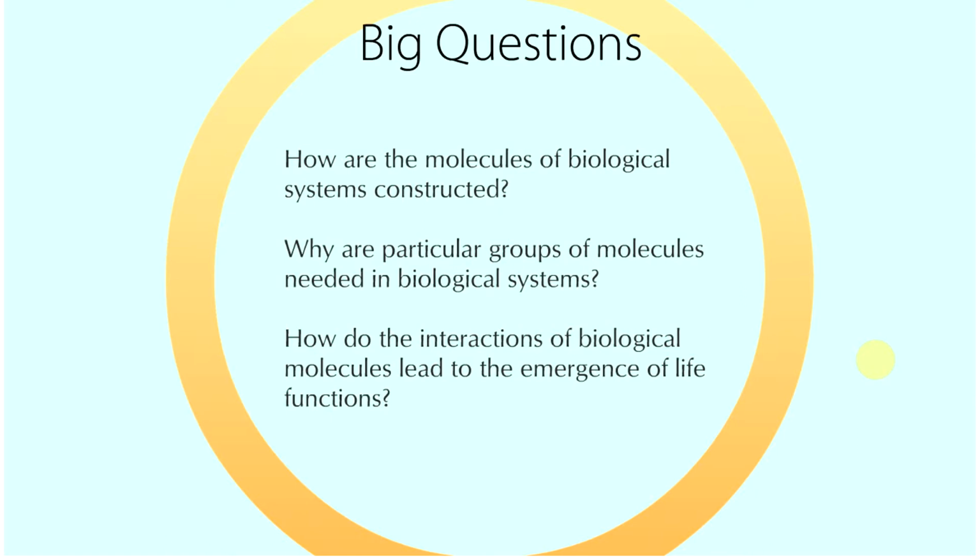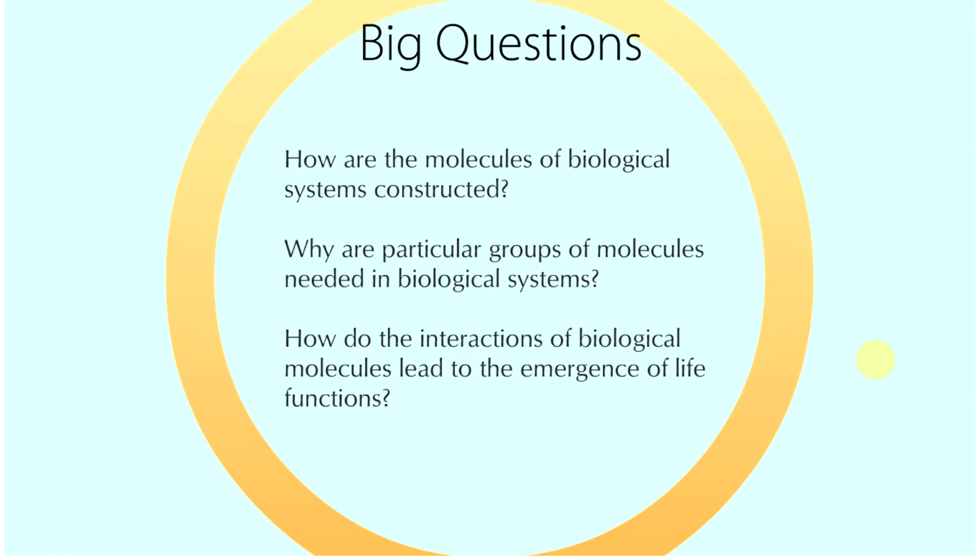So the first one asks, how are the molecules of biological systems constructed? What they mean is, what is the basic structure of our 4 main macromolecules? Carbohydrates, lipids or fats, nucleic acids like DNA, and proteins.